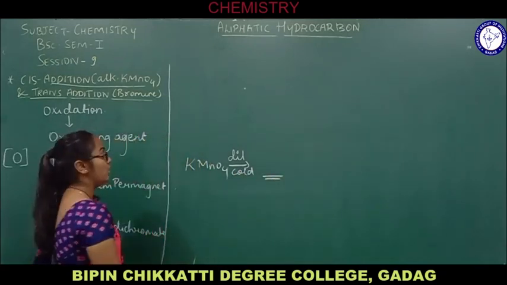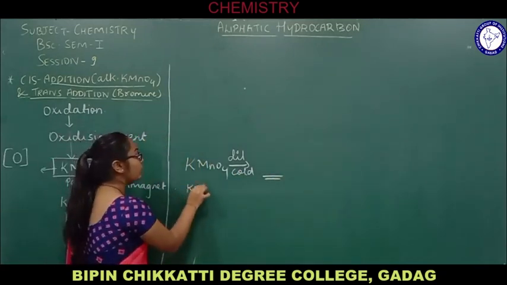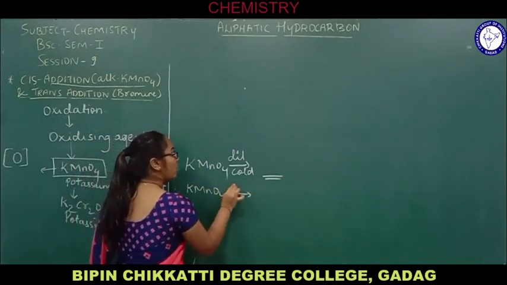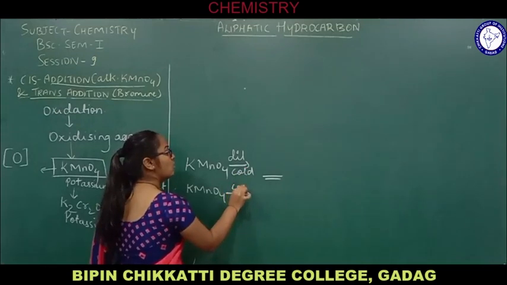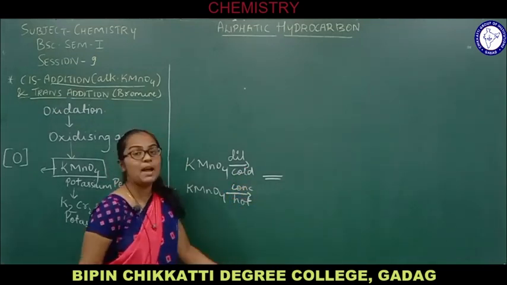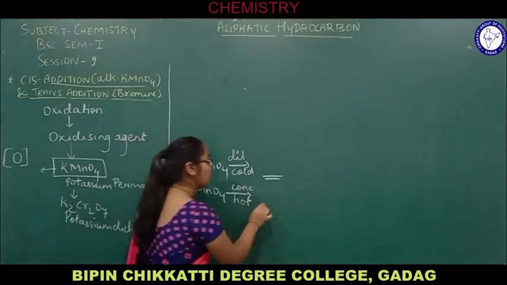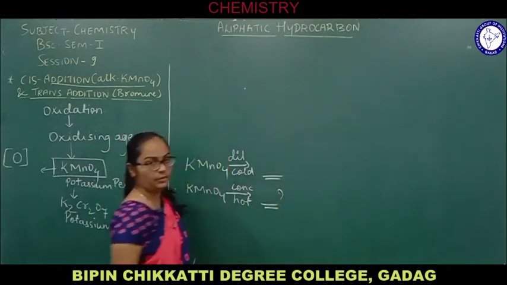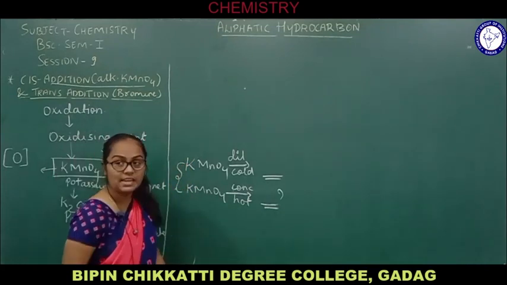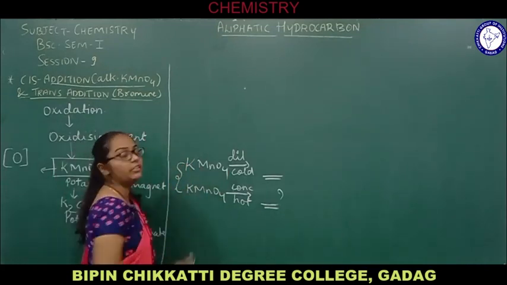Or if you are taking concentrated hot potassium permanganate, you are going to obtain another product. So the products obtained by utilizing this oxidizing agent will be totally different from each other.